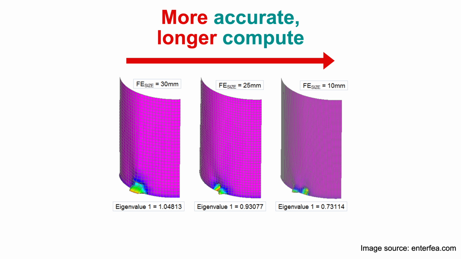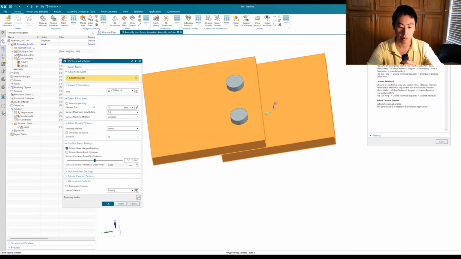On parts with small tolerances, however, I start with a finer element size. But for larger parts with larger surfaces, I start with a larger element size. What I usually do is start with a medium element size and iterate lower to see what stress levels converge to.